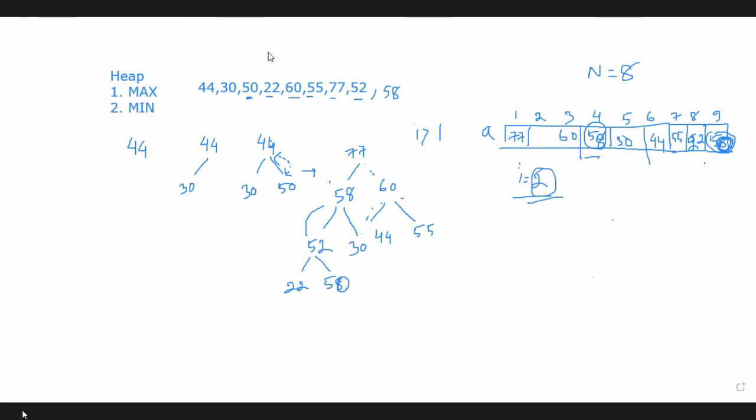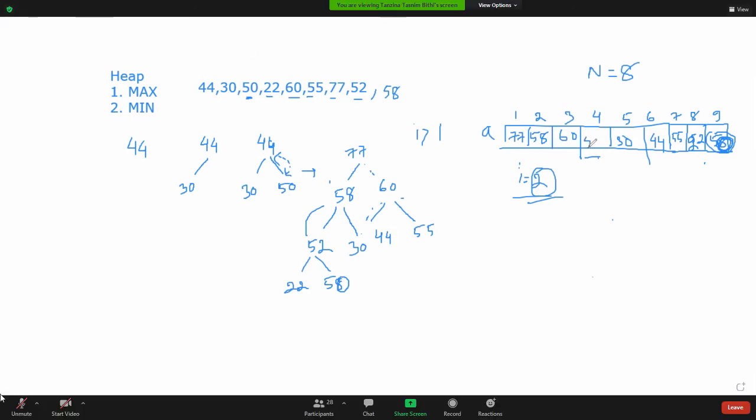Is it clear how we can insert a node in the max heap tree? Yes, ma'am. Any confusion in this insertion algorithm? Madam, can we do this with a linked list?